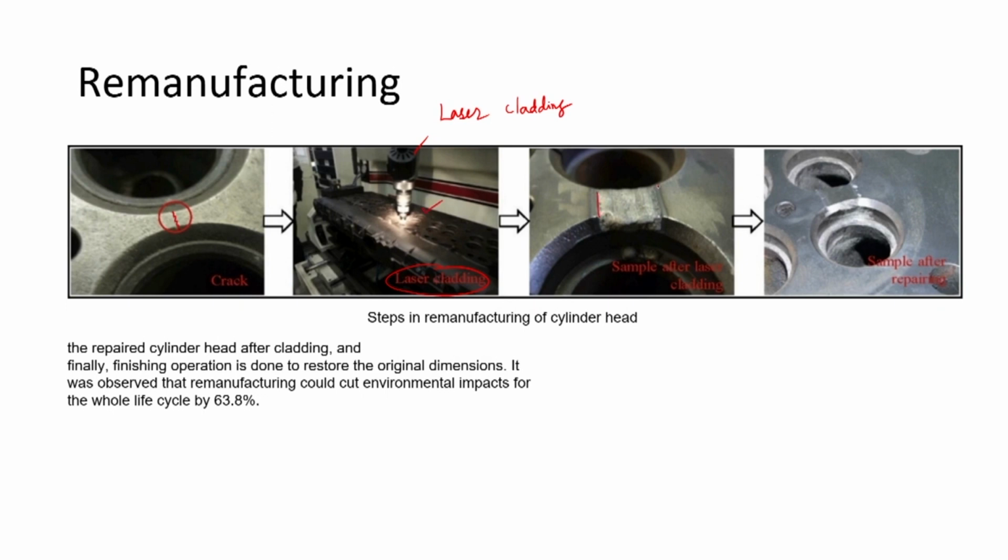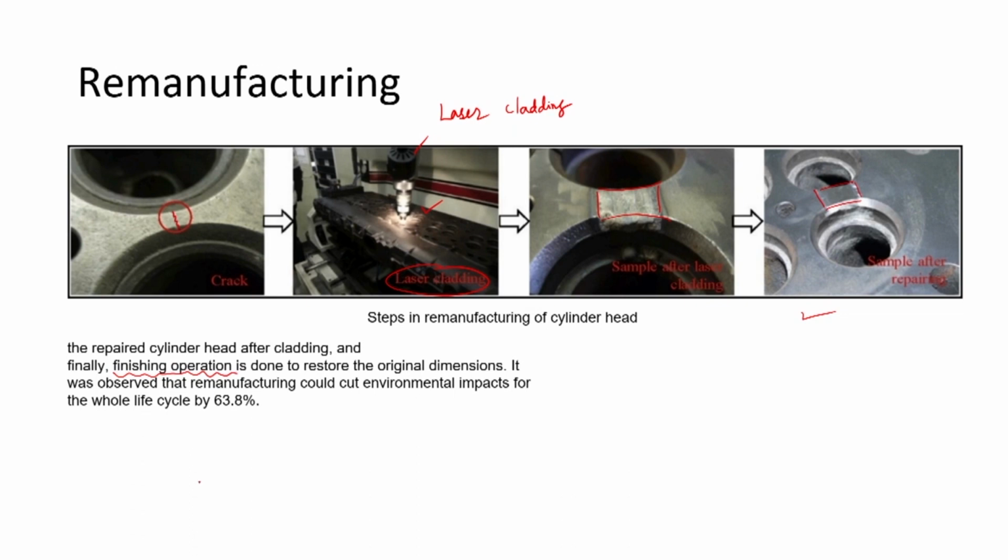This surface is cladded, and after that it was finished and is ready for further applications. This is the repaired cylinder head after the cladding. The finishing operation is of course essential to make it ready for final application and to get its original dimensions.